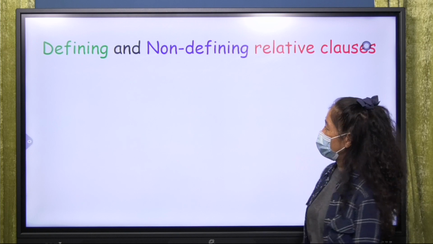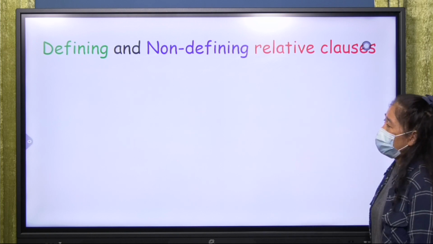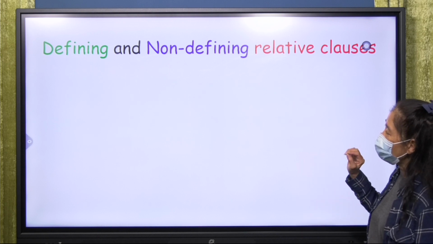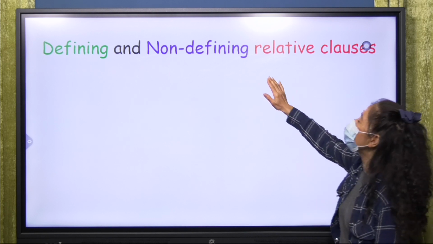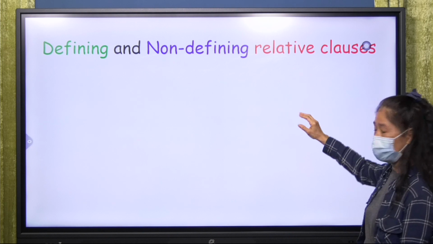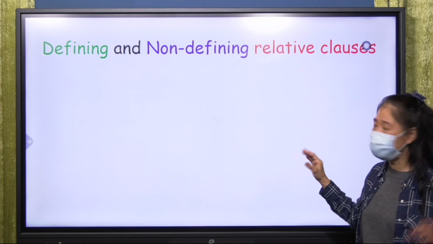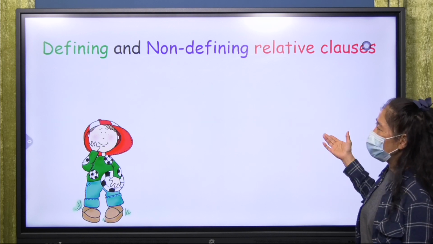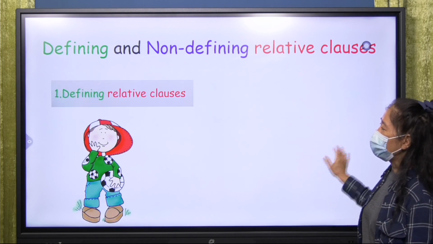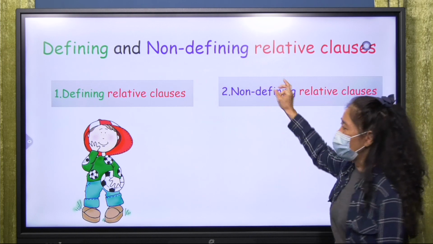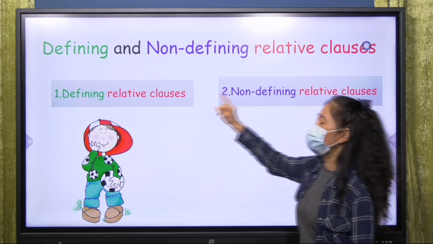Now, as I said, on page 114, the topic is defining and non-defining relative clauses. Such a long name, right? So what are they? Basically, class, under this name there are 2 things.